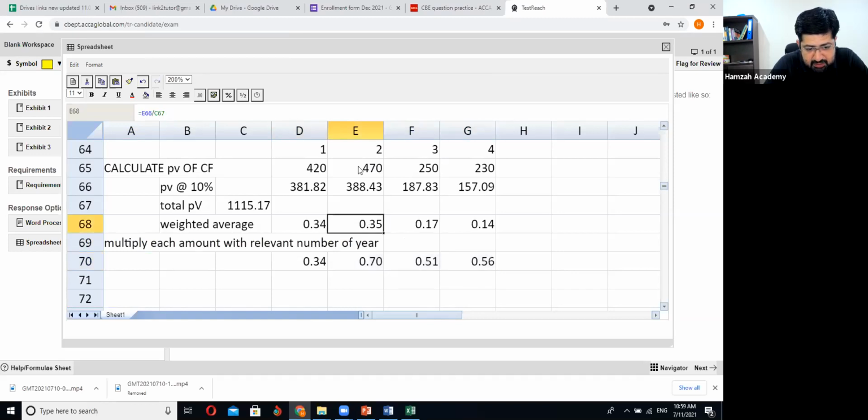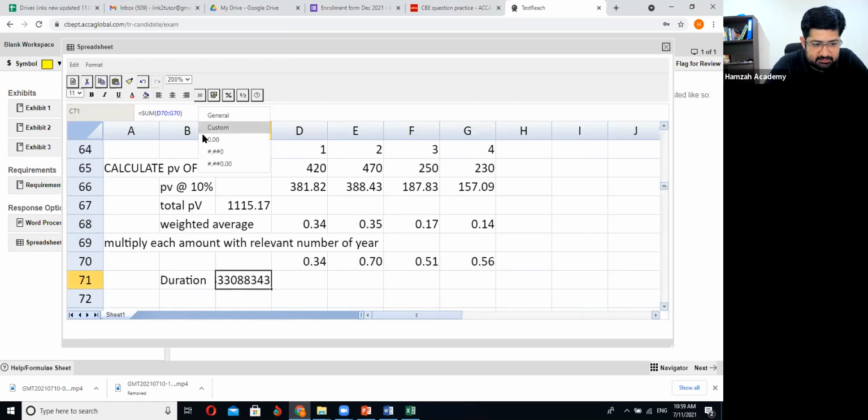Means this has been multiplied by this here, this has been multiplied by this here and so on. Now this is duration of the project, the sum of all that. Note it down, then I'll explain once again.